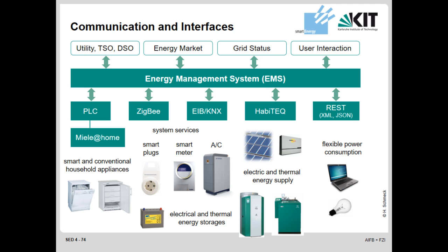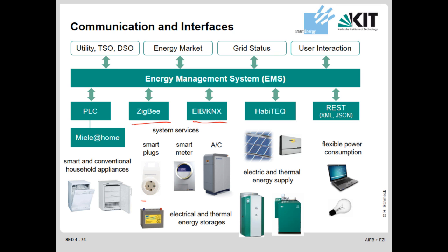Now, as said, we are interested in actually looking at different devices. So we have all kinds of different devices here in the Energy Smart Home, in this House of Living Labs. We have devices communicating with Zigbee. For example, our smart plugs from Plugwise have Zigbee communication. We have devices which communicate using KNX, standard home automation technology.